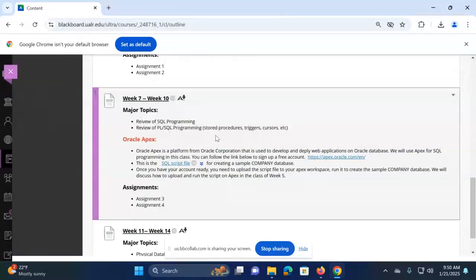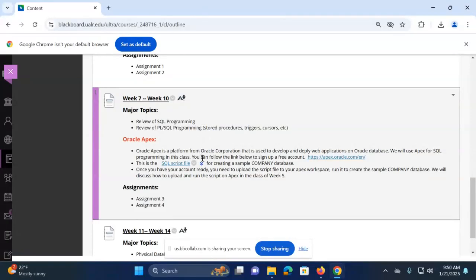I know some of you may also be interested in taking my database security class. In that class, we will study how PL/SQL programming is widely used in database security, because stored procedures and stored functions are considered one of the mechanisms to control database access, okay?